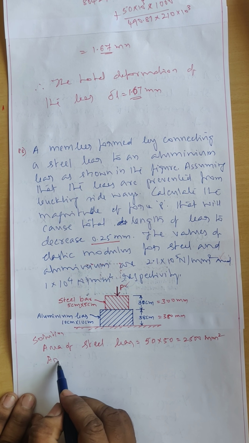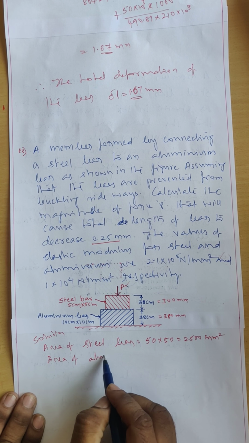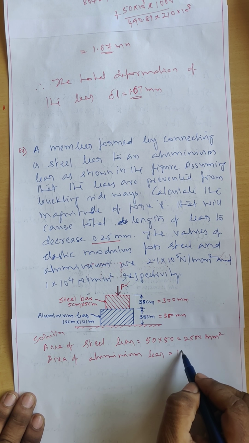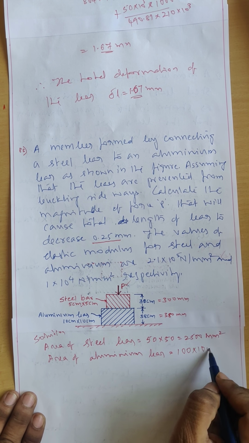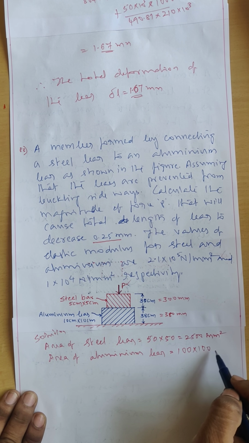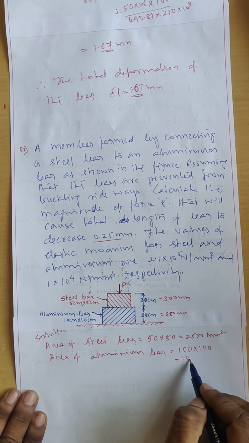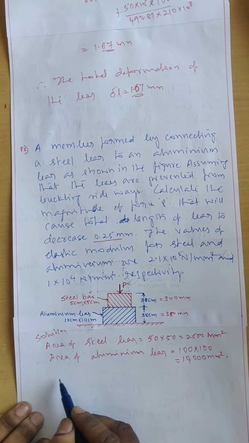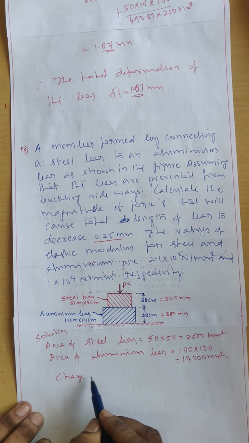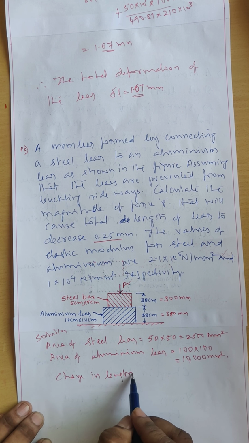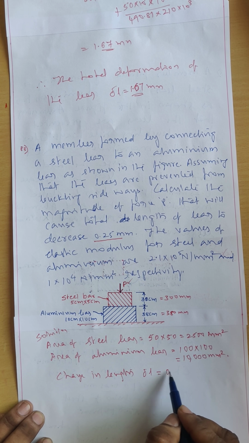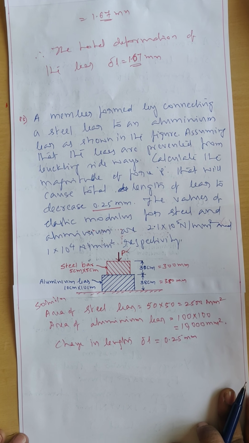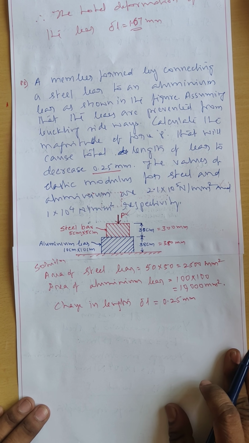Therefore, area of the aluminium bar equals 100 by 100, because it is 10 centimeter by 10 centimeter, 100 mm, equal to 10,000 millimeter square. Change in length is directly given. Change in length delta L is given, 0.25 mm.